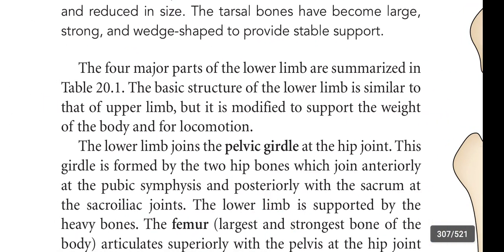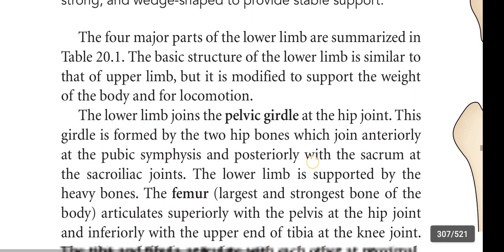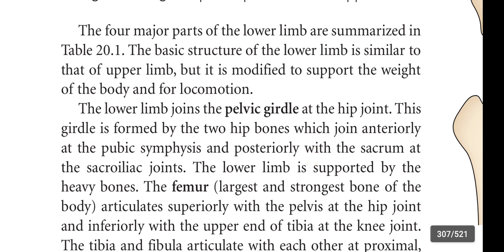The 4 major parts of the lower limb are summarized in the table. I also show you that the basic structure of the lower limb is similar to that of the upper limb, but it is modified to support the weight of the body and for locomotion. The lower limb joins the pelvic girdle at the hip joint.